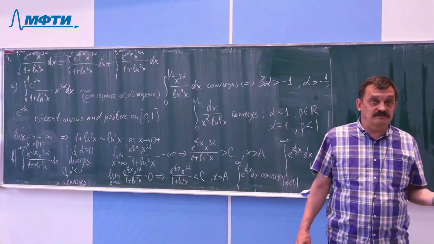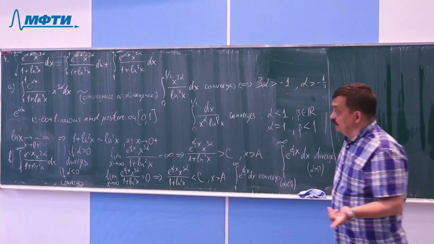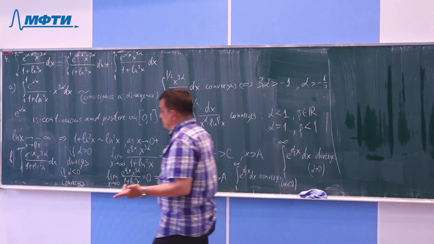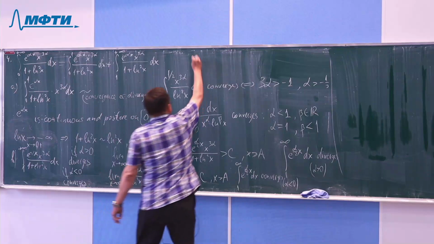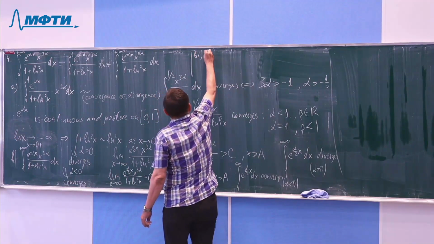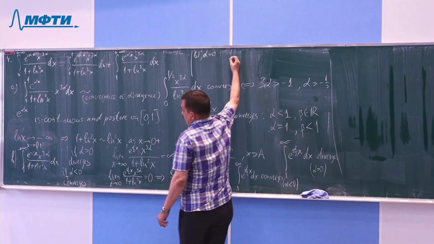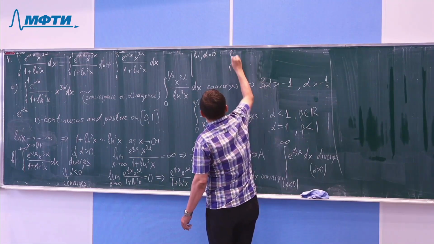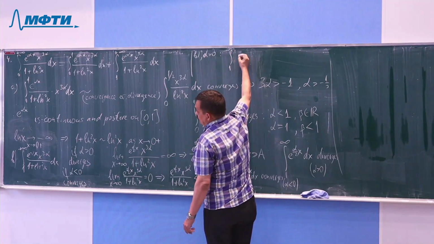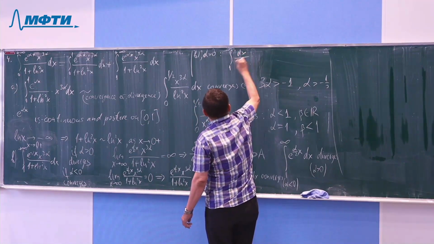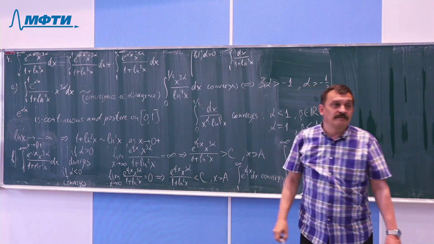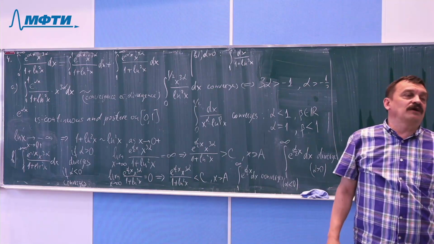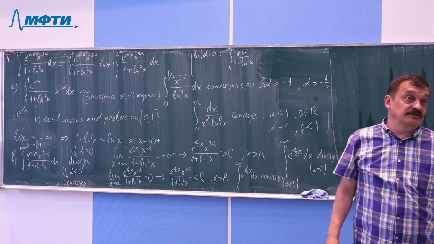There is only one case which we need to consider separately: alpha equals to 0. For alpha equals 0, we have the integral from 1 to infinity of dx over 1 plus logarithm squared x. That is once again one more example of a model integral.